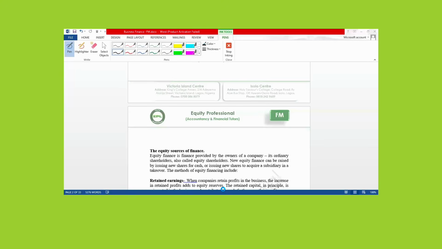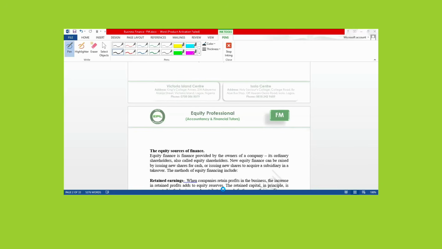is finance contributed to the business by the owners of the business. Logically, the owners of the business must provide finance for the business. Finance contributed to the business by the owners of the business is categorized as equity financing.